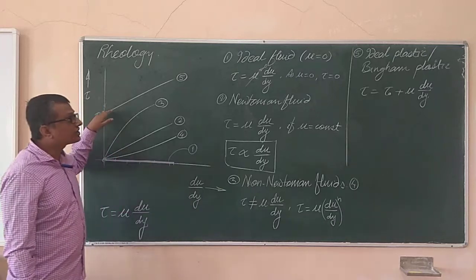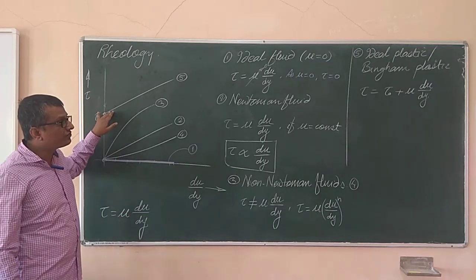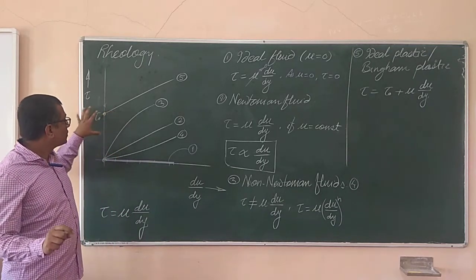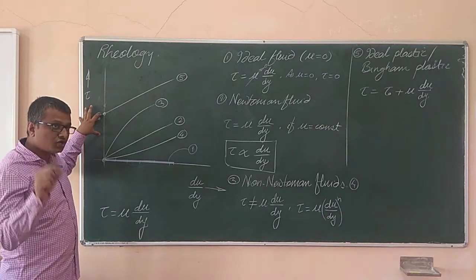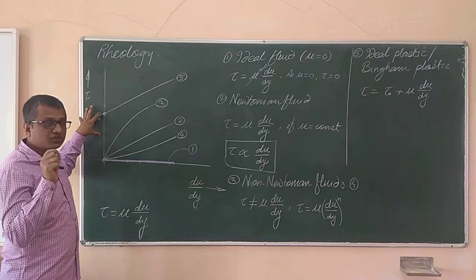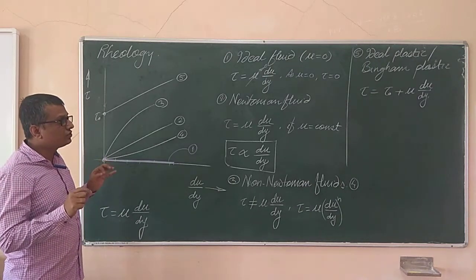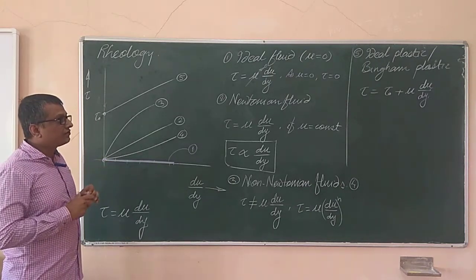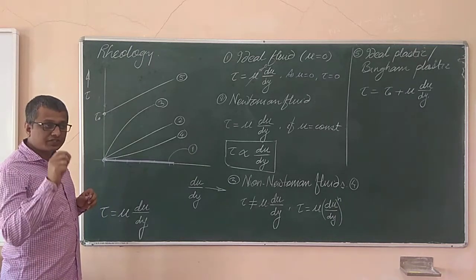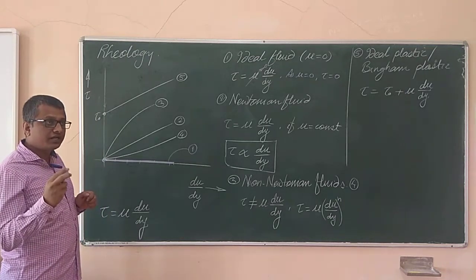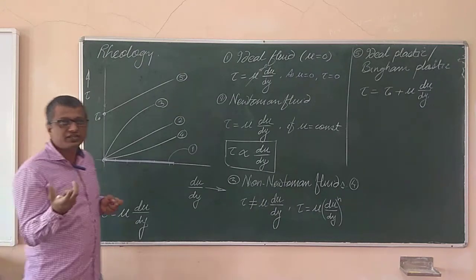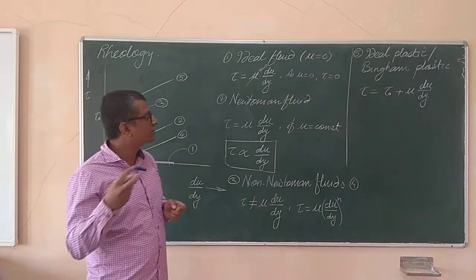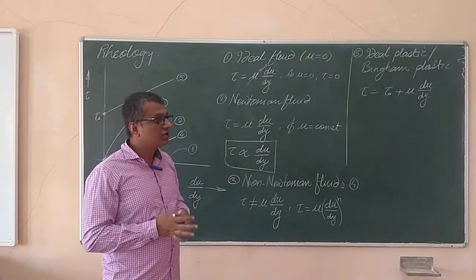But that is not the case for ideal plastic, also the Bingham plastic. For an ideal plastic fluid, there is a non-zero value of yield stress for the fluid. For example, the toothpaste, the slurry, the mud. For a little thick mud, also toothpaste, you can easily resemble it with this equation.